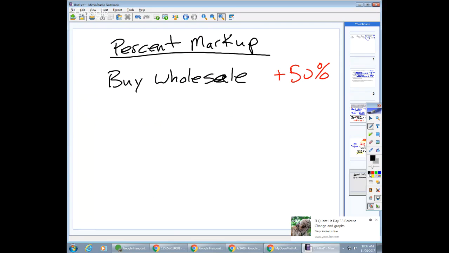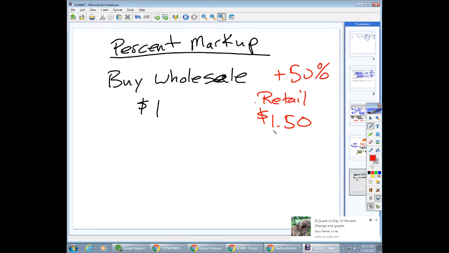So if I buy something for, let's keep it easy, $1 wholesale, then the retail price is going to be 50% more than that. Well, 50% of $1 is 50 cents, so that means I'm going to retail it for $1.50.